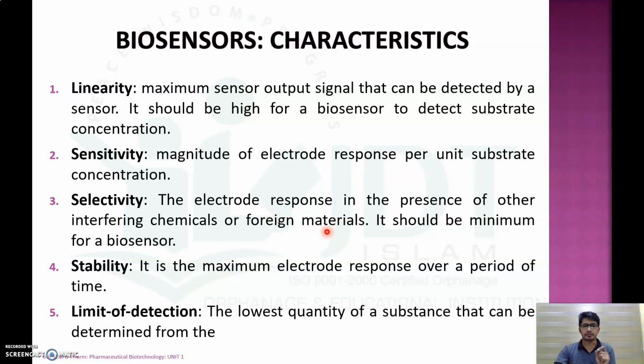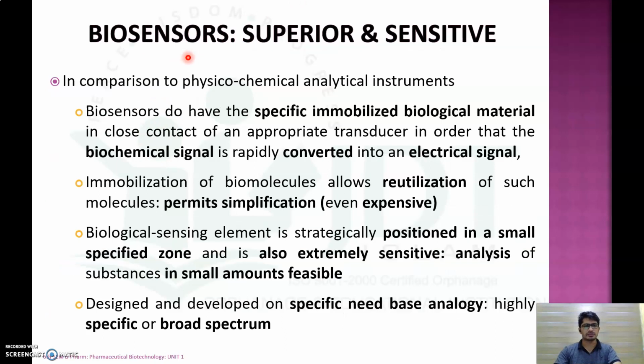It should be minimum. It should be selective and act against a specific analyte. Then stability, the maximum electrode response over a period of time. It should be long lasting. And limit of detection, the lowest quantity of substance that can be determined from a biosensor. So these are the different characteristics of biosensors.